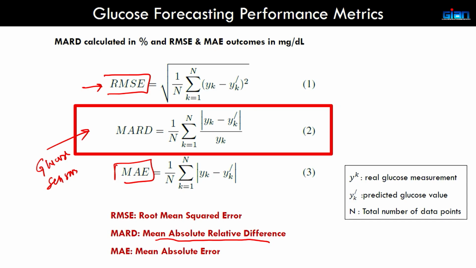If you want to commercialize your sensor or your AI model, this MARD should be less than 10%. That is the ballpark figure.